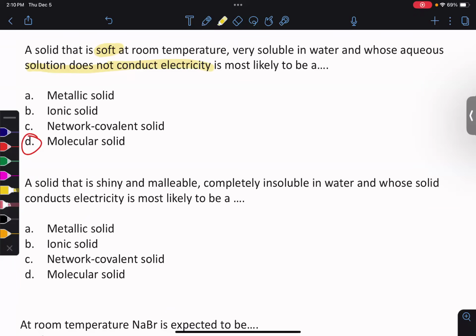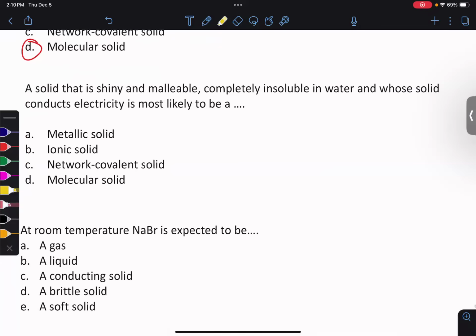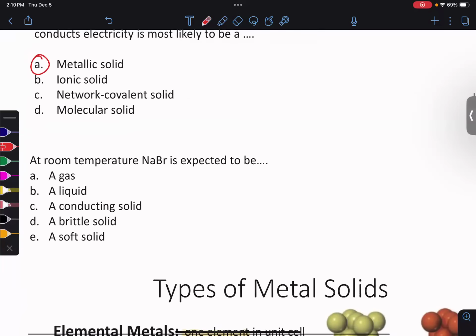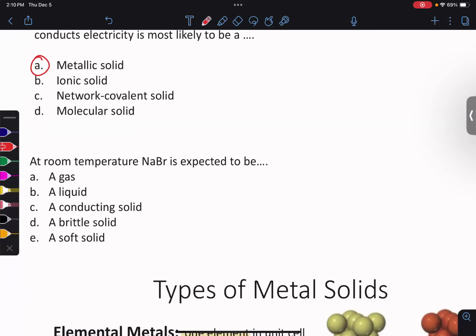That's the giveaway. All right, the next one, a solid that's shiny and malleable, completely insoluble in water, but the solid does conduct electricity. What is it? Metallic, very good. Last one, this one's a little bit different. Here I'm giving you a substance, NaBr. What is that? That's ionic, so what characteristic is it going to have? Is it going to be a gas?